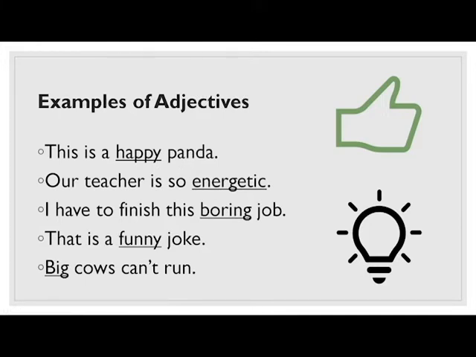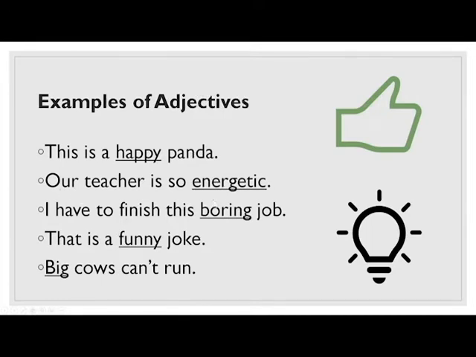So a happy panda, what does a happy panda look like? I've never been able to tell whether a panda is happy or not, but as far as you give them more bamboo to eat or more food, I think they will be happy. So the word happy is an adjective here that defines panda. Pandas are really cute, by the way.